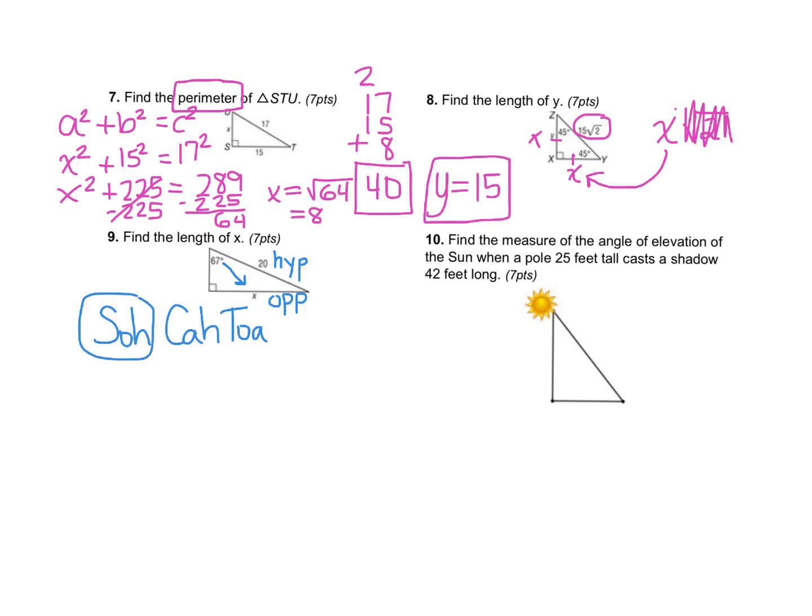Right here for sine. So it would make the most sense to do sine of 67 is equal to the opposite, which is x, over our hypotenuse, which is 20. So now if I want to solve for x to eliminate the denominator and to isolate my variable, I would multiply by 20.